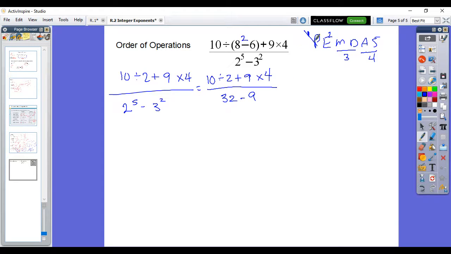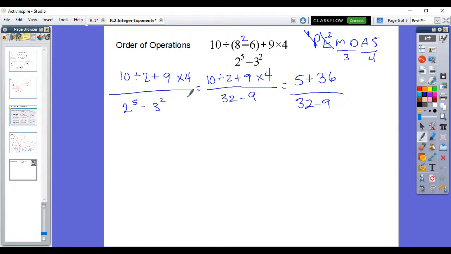So 10 divided by 2 plus 9 times 4. Alright, then we look at multiplication and division. Oh yeah, so we got division here. So 10 divided by 2 is 5 plus, then we got 9 times 4, 36. Then 32 minus 9. Now the last thing is addition and subtraction. We have some addition on top, subtraction on the bottom.